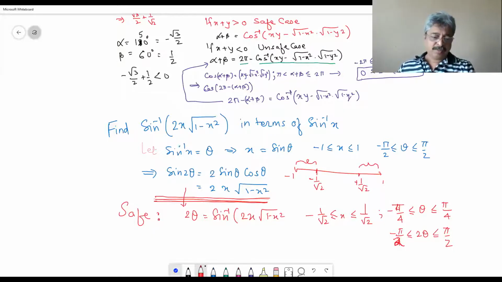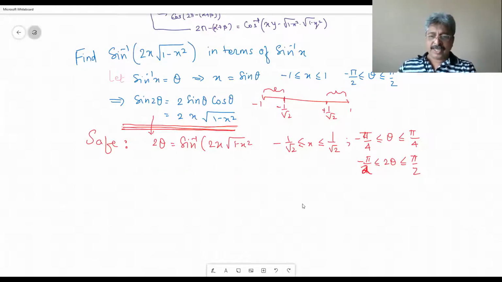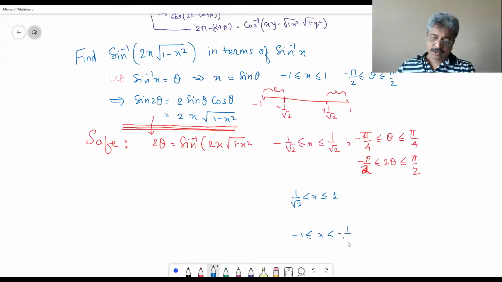Okay, so it is simple. We should take a case where x is between 1 upon root 2 less than x less than or equal to 1, and the third case will be minus 1 less than or equal to x less than minus 1 upon root 2.